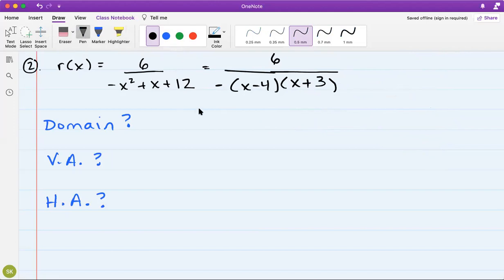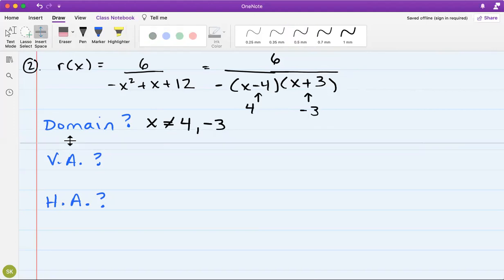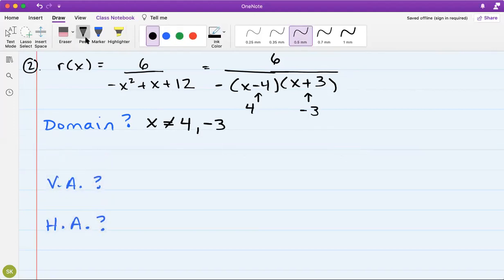Okay, so looking at this, what numbers can we not plug in the denominator? How will we get a 0 in the denominator? Well, if we plug in 4, or if we plug in negative 3, we're going to have a problem. So for the domain, x cannot be 4 or negative 3. If we want to write that in interval notation, we would say the domain is anything from negative infinity.